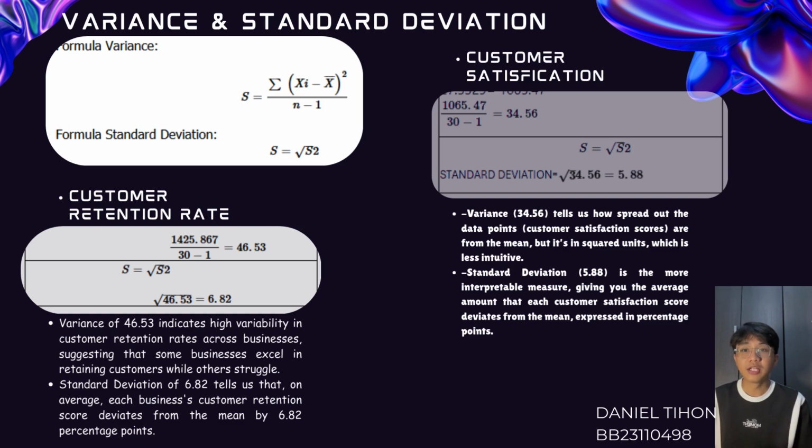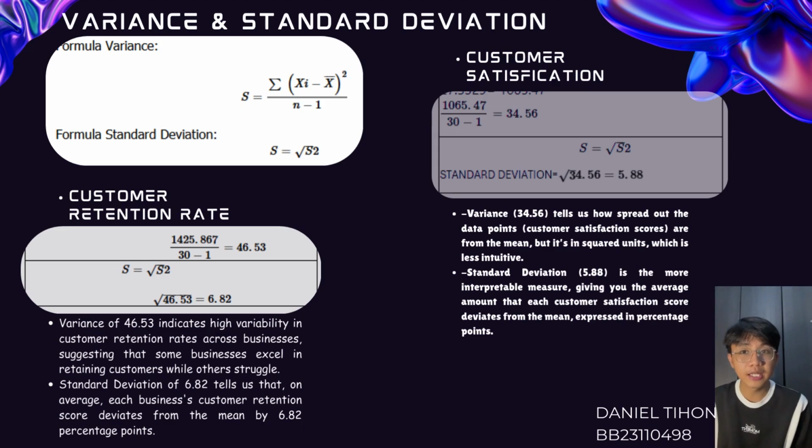This means that retention scores are more spread out and have more extreme values. From a business view, the company may face challenges in keeping customers over time, especially if certain customers are more likely to leave based on service, pricing, and other issues.